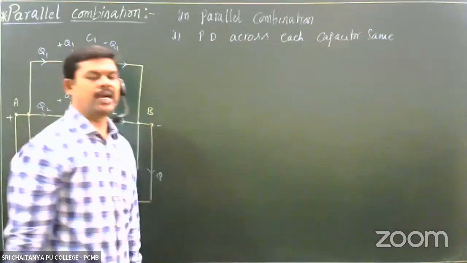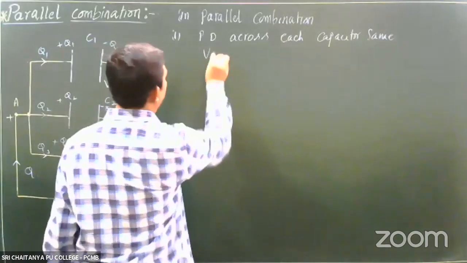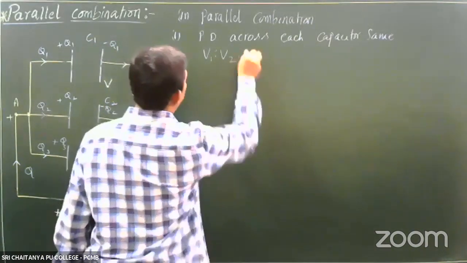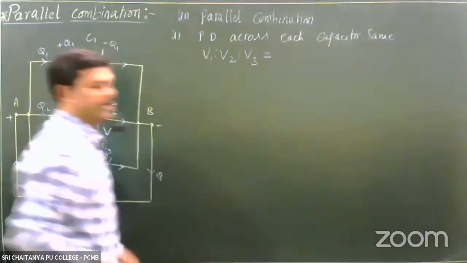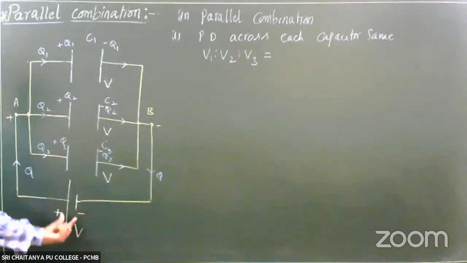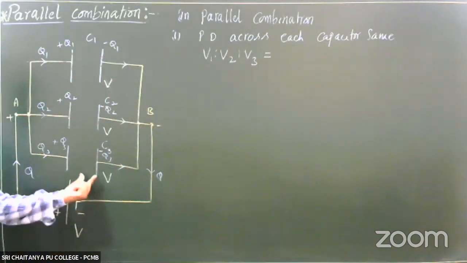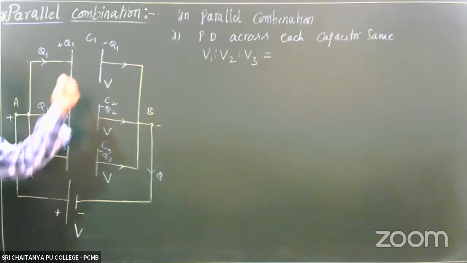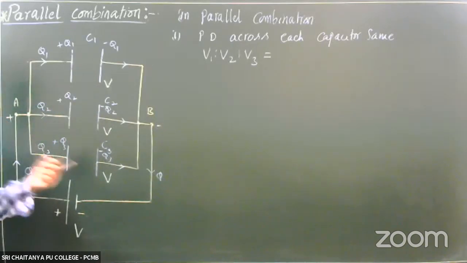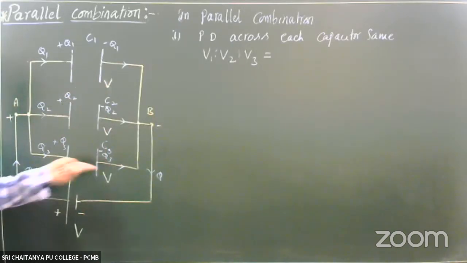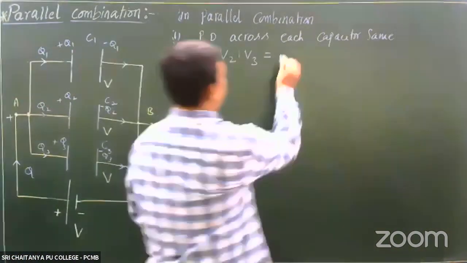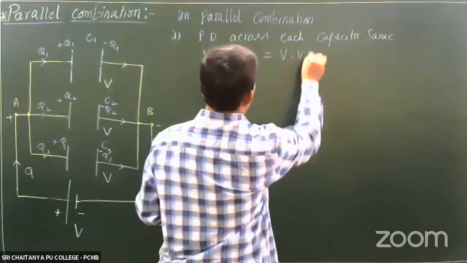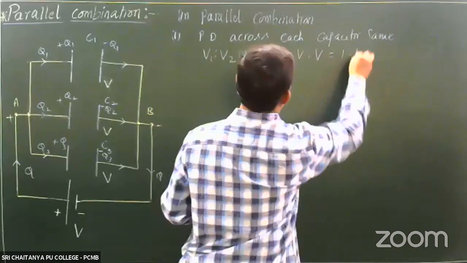In the problem, if they ask you the ratio of potential difference, connected to a battery of potential V, here also V, here also V, here also V. What is the ratio of V1 is to V2 is to V3? V is to V, 1 is to 1.